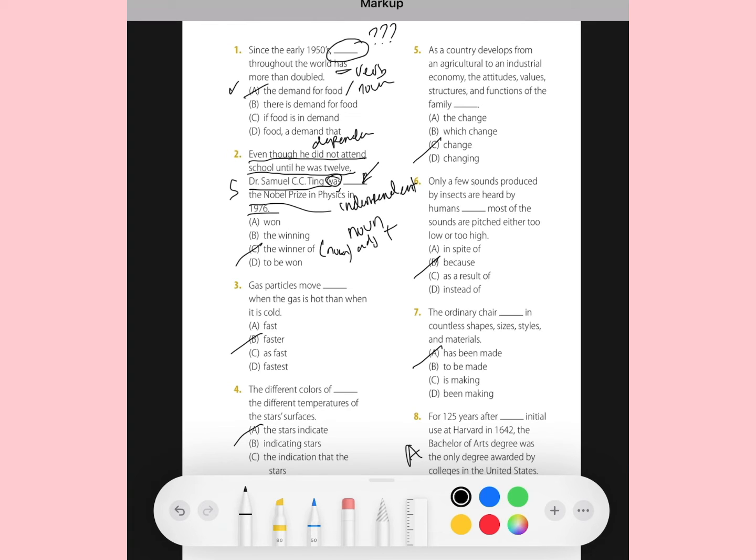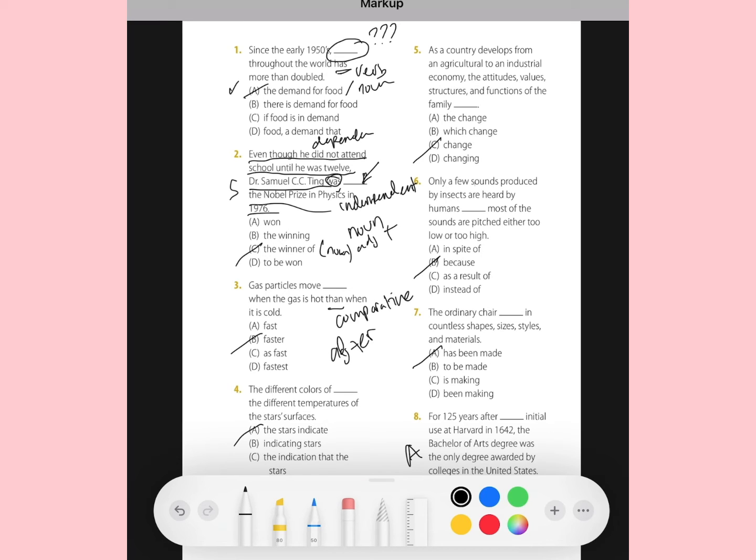Okay, easy, right? So let's move on to number 3. Gas particles move blah blah blah when the gas is hot than when it is cold. Do you remember comparative and superlative? Yes, that's one of the kinds. So we have the word than, which is comparative. So the adjective could be -er.